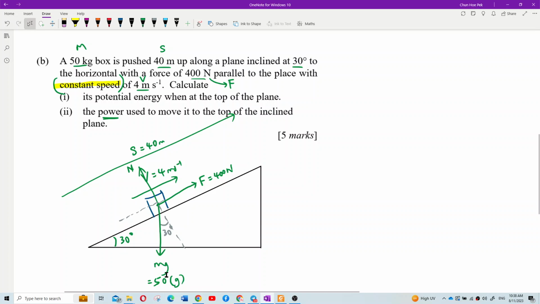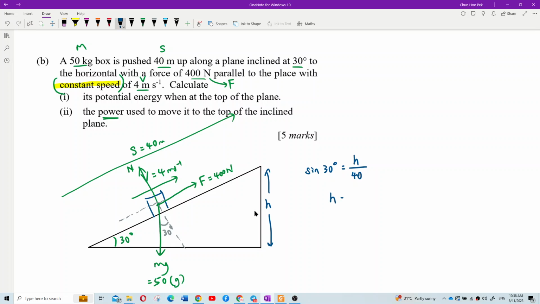So mg you got already, 50g. You just need the h. So you have the s, you got the theta 30 degrees. So sine 30 degrees equals, this is the h, opposite over hypotenuse, 40.